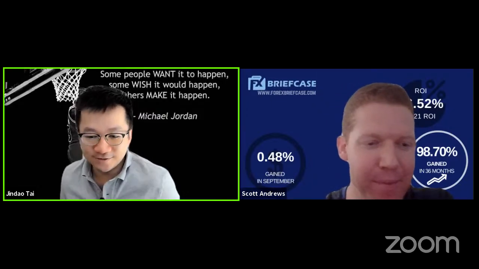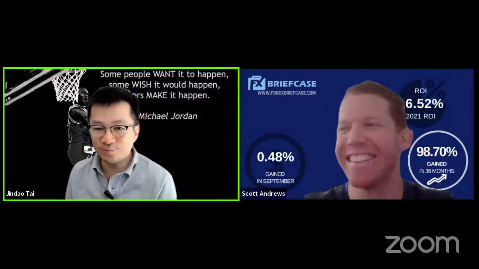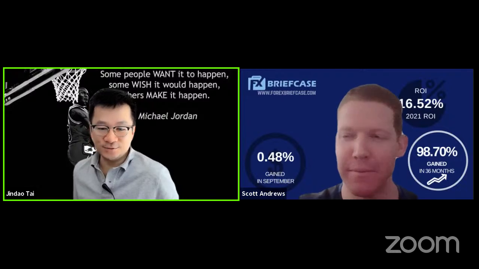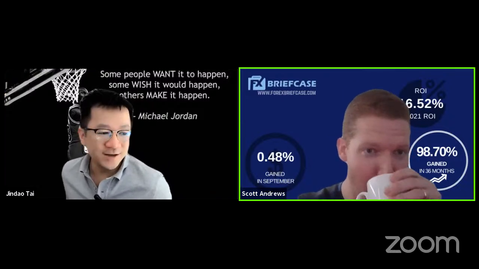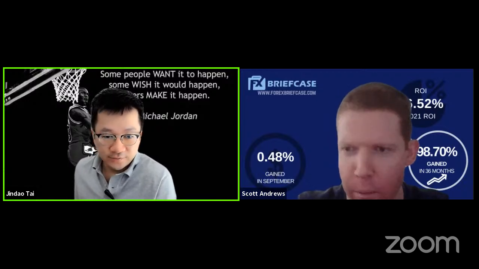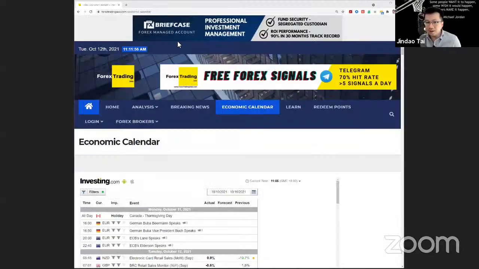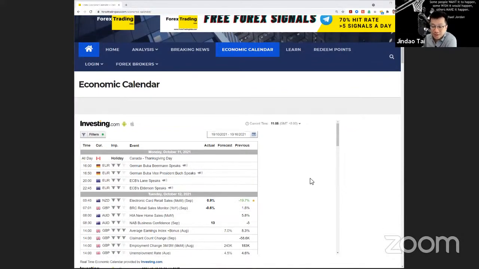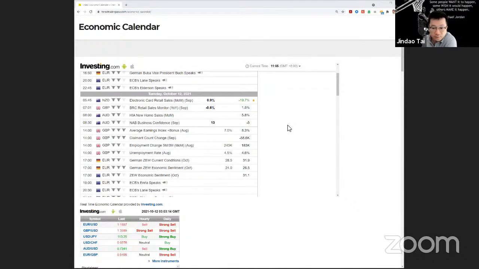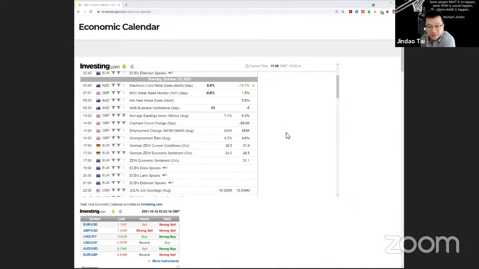Fantastic. You've heard it here first. Dollar index more likely to hit 95 than to retrace back down to 93. And the reason why I ask that as well is because, if you're looking at the economic calendars here on Forex Trading Asia, what you would notice is that this week, although we do have a lot of news to be released or even being released at this point in time, it hasn't really moved prices too much.